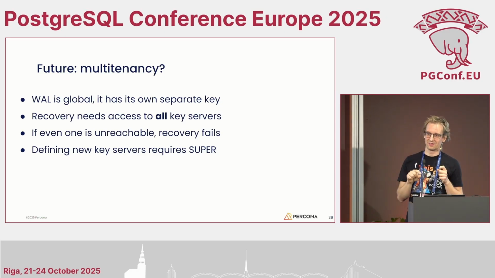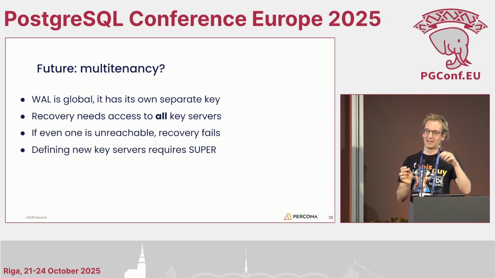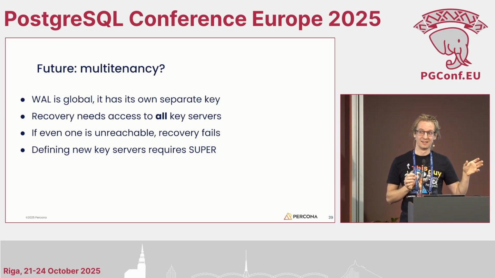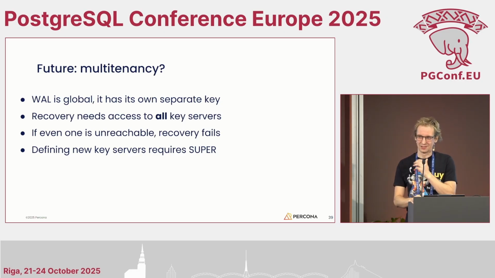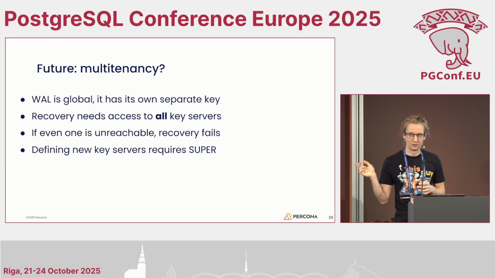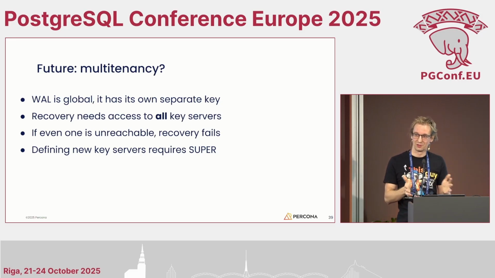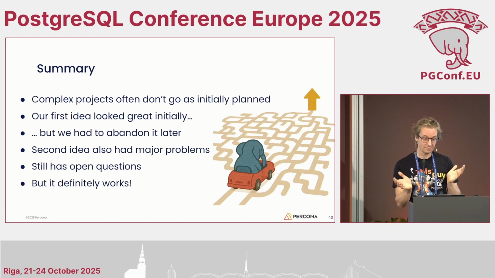So it also needs access to every encryption key for every database. That means that in a multi-tenant setup, if for some reason we can't access the key of a single tenant, then recovery for the entire PostgreSQL server will fail. And that's not a new thing. So right now, any multi-tenant setup requires superuser privileges as a safety measure so that somebody can't break an entire PostgreSQL cluster just because of this.